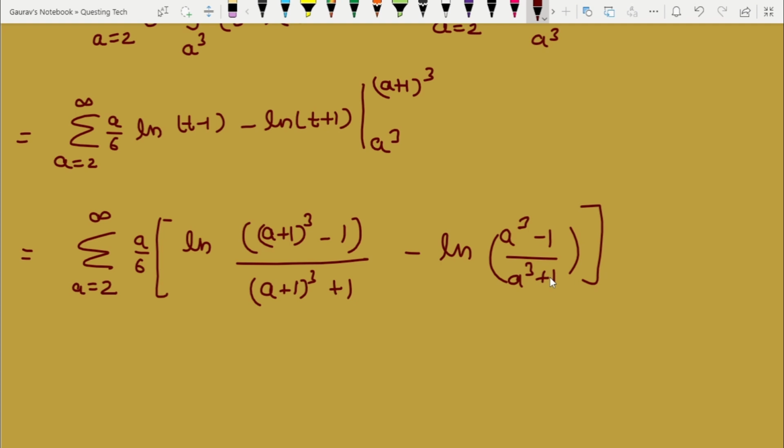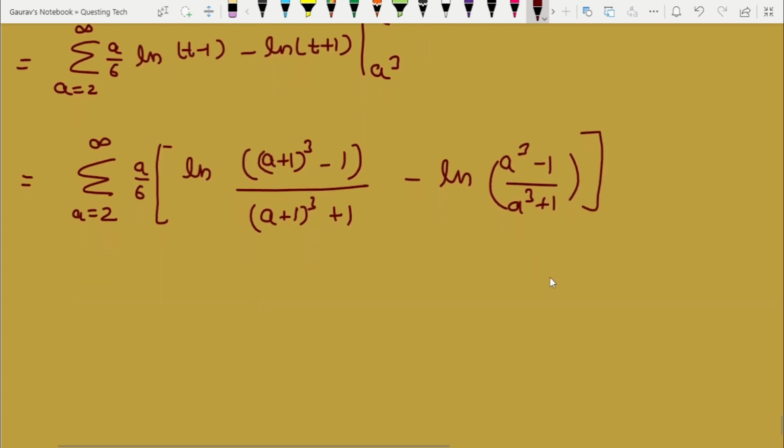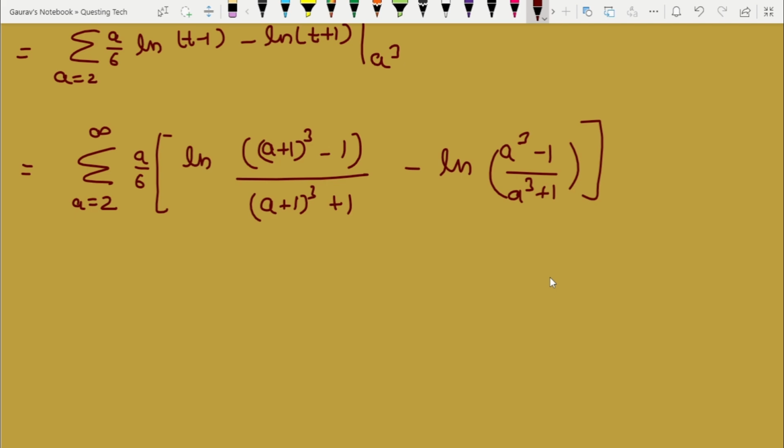So this is a weird expression, as you can say. So let us simplify this one. We multiply this a inside, and this 1 by 6 comes out because this is a constant.